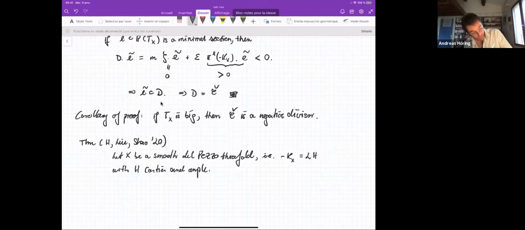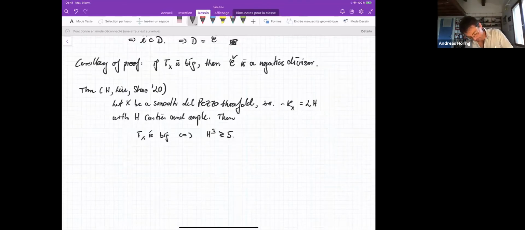Then in this situation, what we prove is that Tx is big if and only if the degree of this line bundle is at least 5. And this is of course completely classified. So here you can now apply the classification of Fano threefolds.